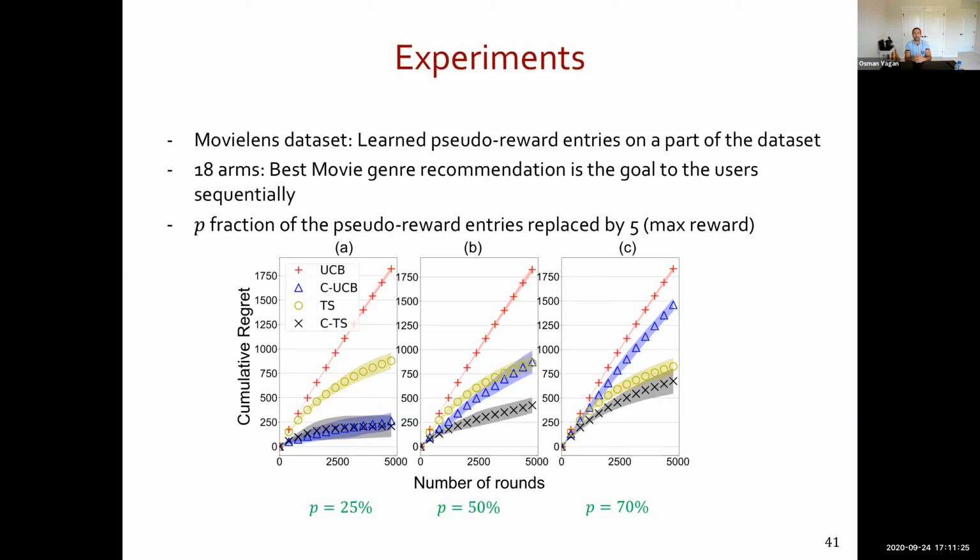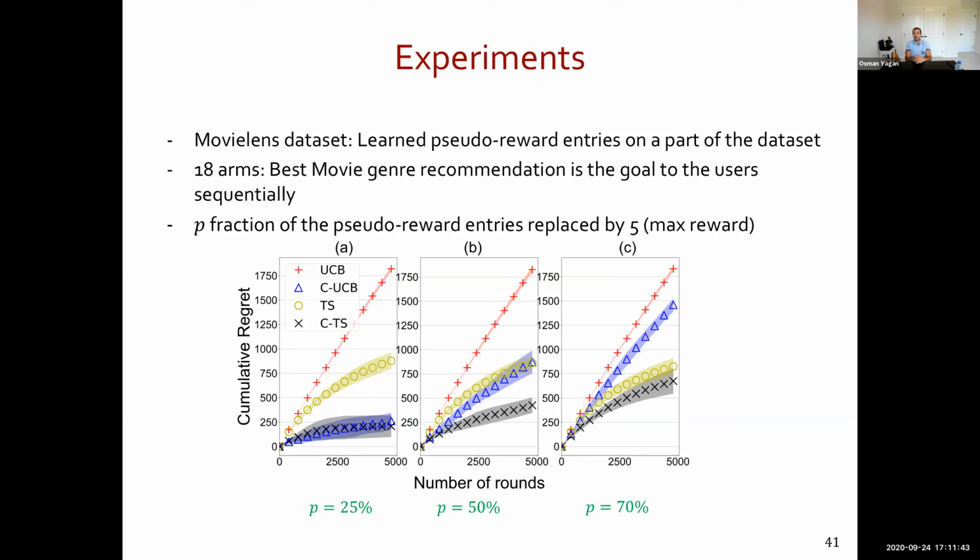So we say a p fraction of the data set is replaced by the trivial bounds. In this case, movies can take at most 5 as their rating. So a p fraction of the data set is basically made useless in some sense.